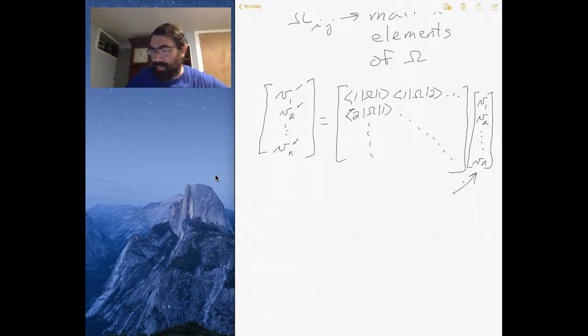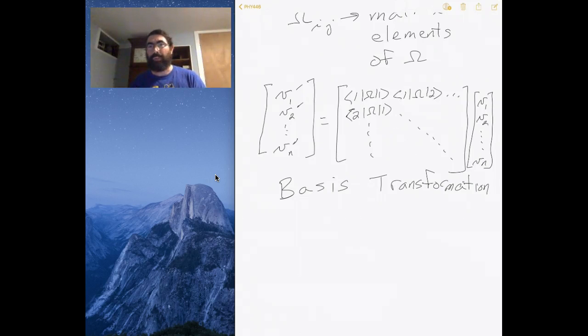So this is a basis transformation. So I'm transforming from basically the vector from what originally the initial state v into the new state v prime.